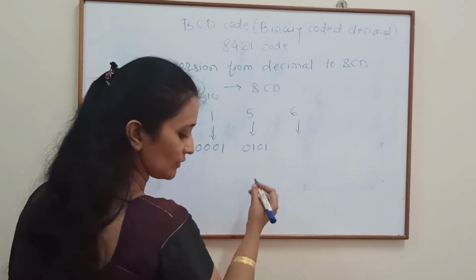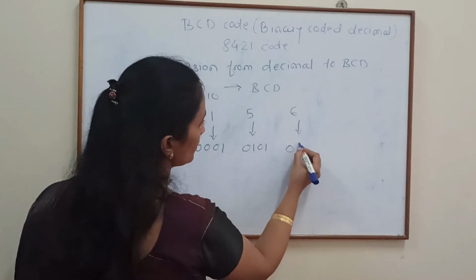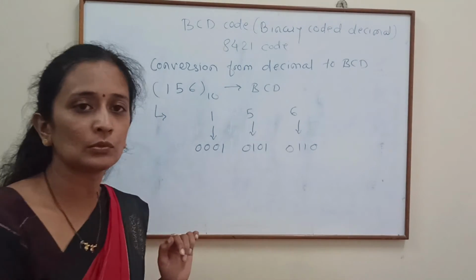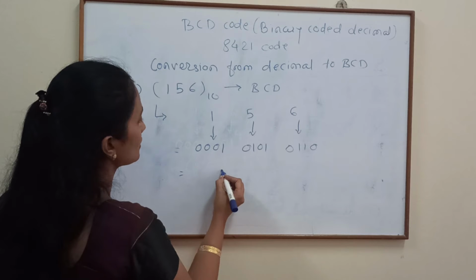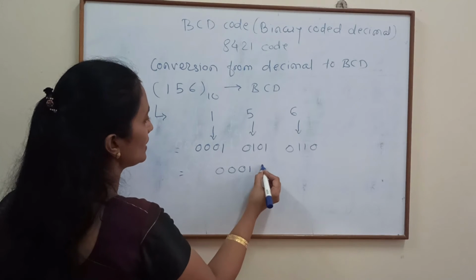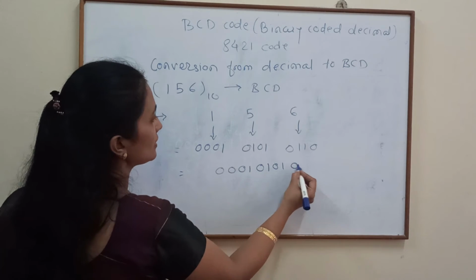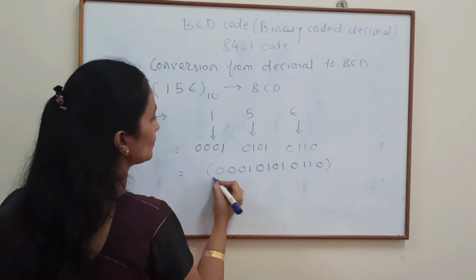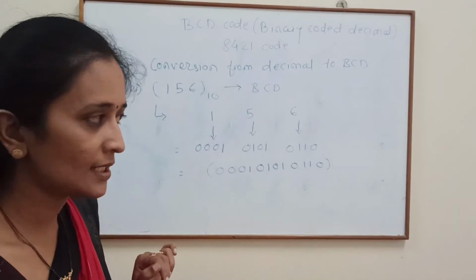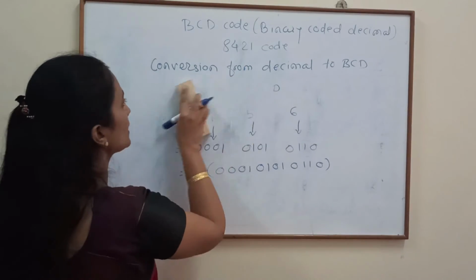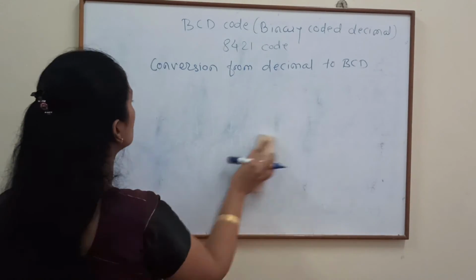And 6 will be 0110. Combine all three groups, you will get 0001, 0101, 0110. This is the BCD equivalent of 156.